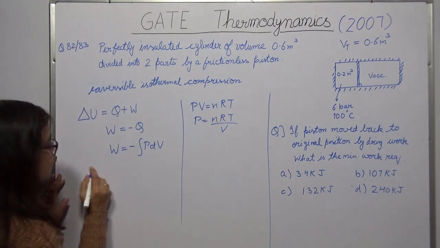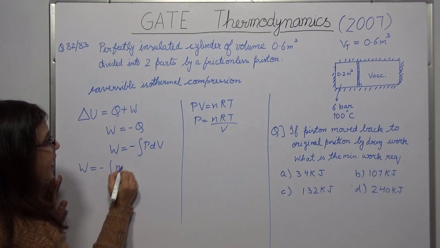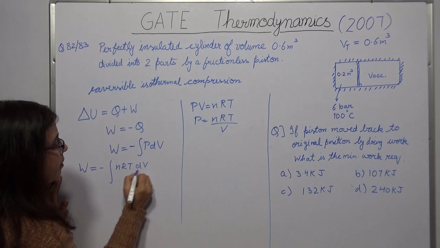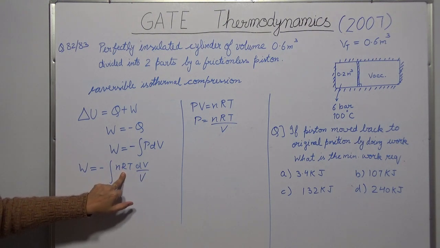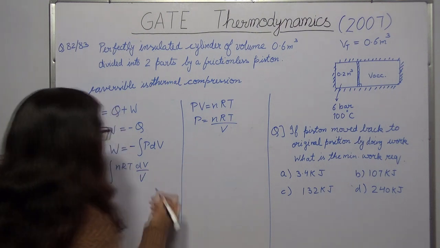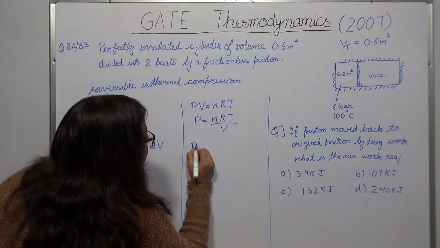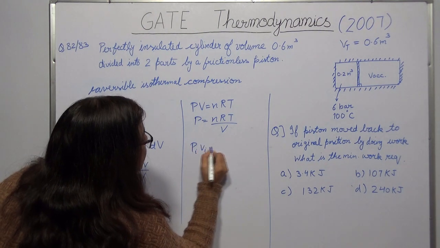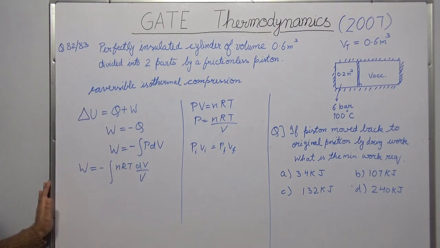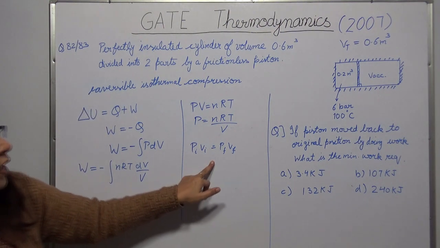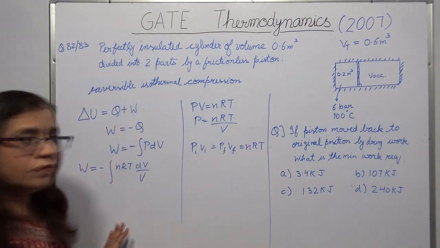So I am going to plug this in and find out the work. That will be equal to nRT dV by V. Now nRT, because this is an ideal gas, the temperature is constant. So you have PiVi equal to PfVf, that remains constant, and that is equal to nRT.